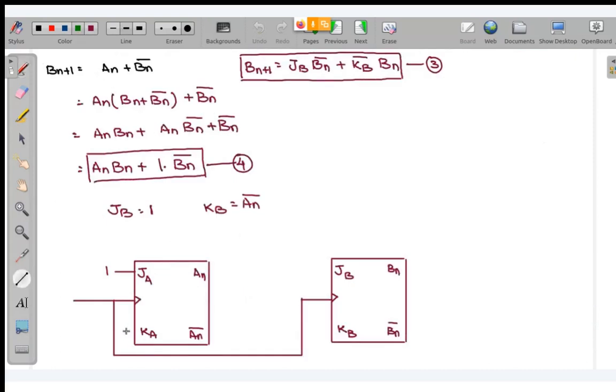So this is your Bn, and JB is 1 and KB is An complement.